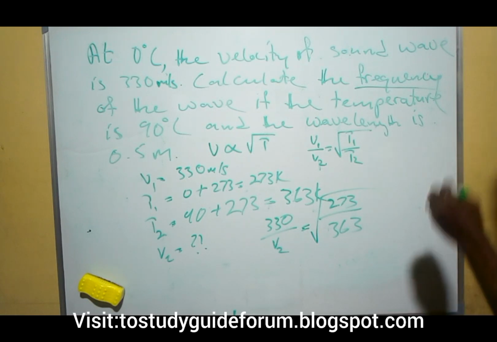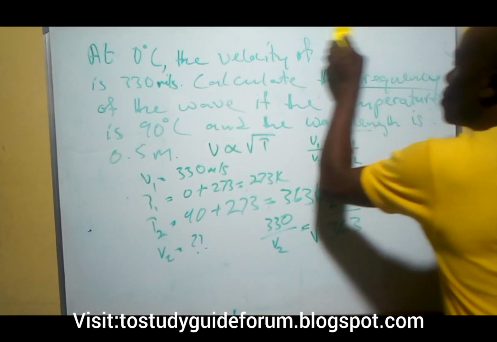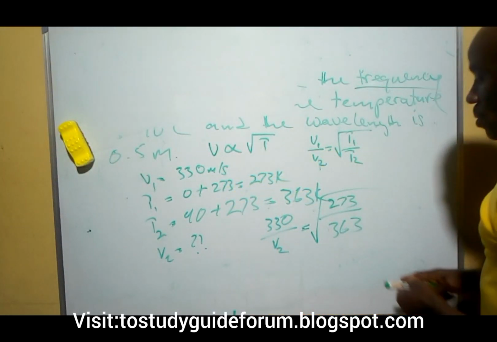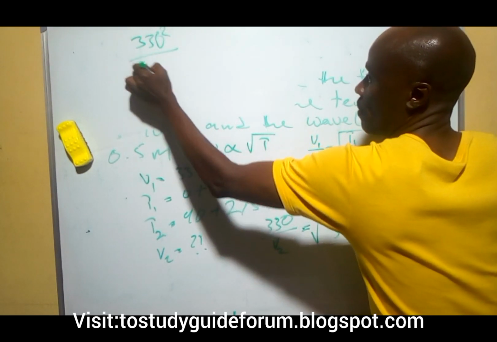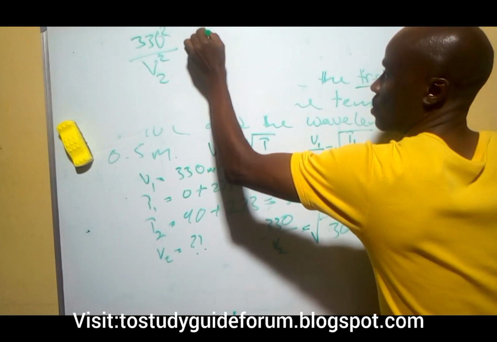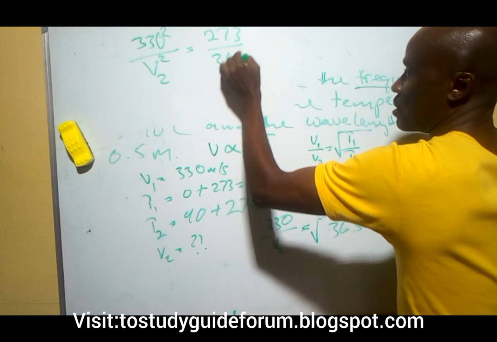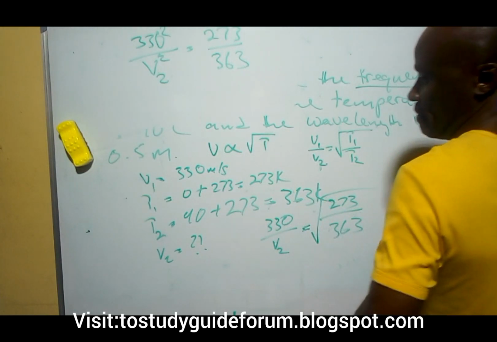So opening the brackets, when we open the brackets, we'll have 330 over V2, squared, equal to 273 all over 363. All right. So now we can cross multiply.